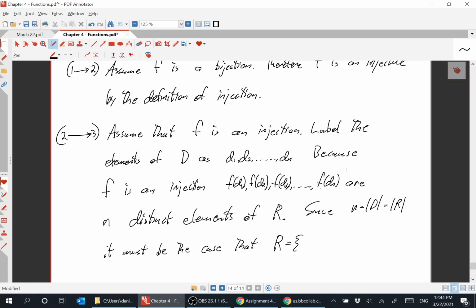The range has n elements. We've accounted for all of them here. So the range is those elements, F of D1, F of Dn. Which means that what?